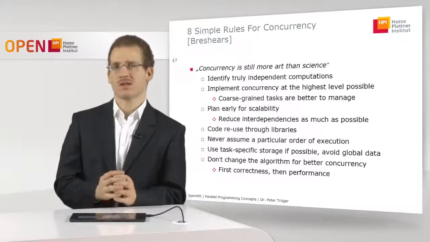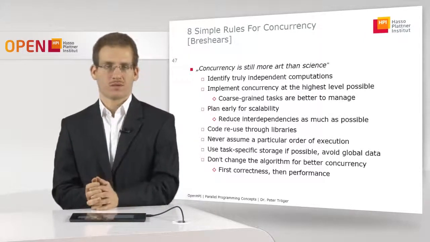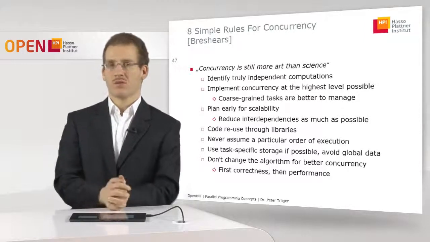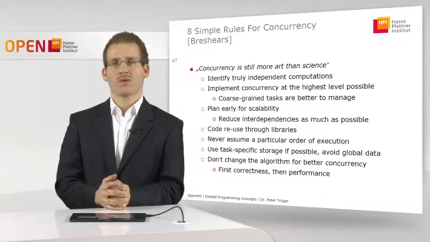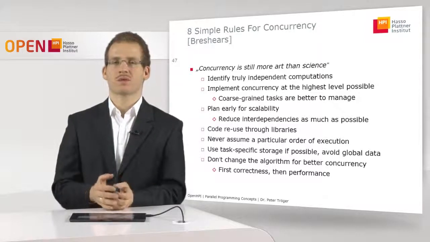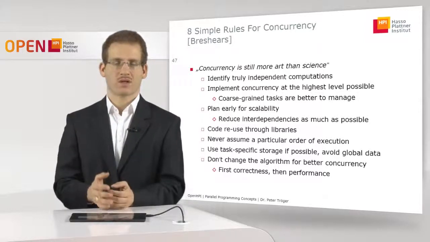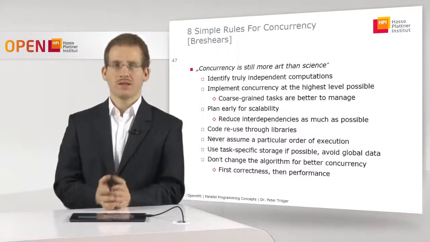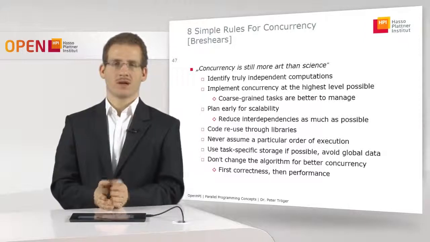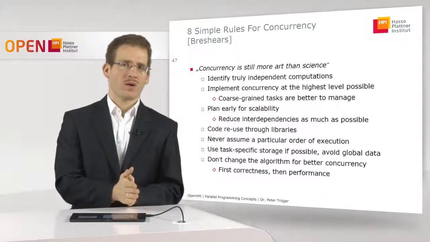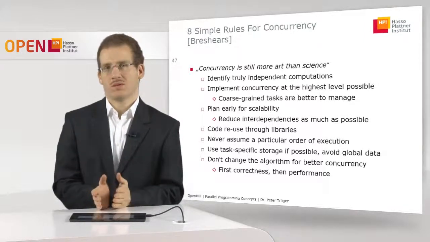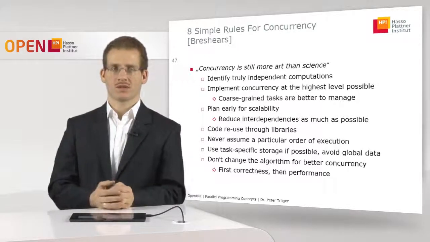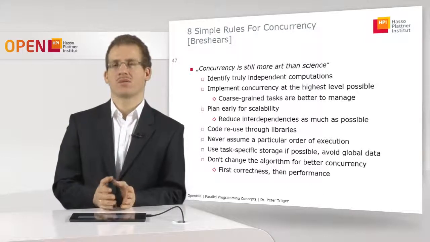So the message here is, if you want to deal with concurrency issues, which are the ones you will face in your parallel program, then you need to understand the problem. You need a good approach for identifying potential race conditions, and you need a good way of solving them. The easiest solution is always to design your program in a way that you have no critical sections at all. This is what Brashears, in his eight simple rules for concurrency, calls: identify truly independent computations.